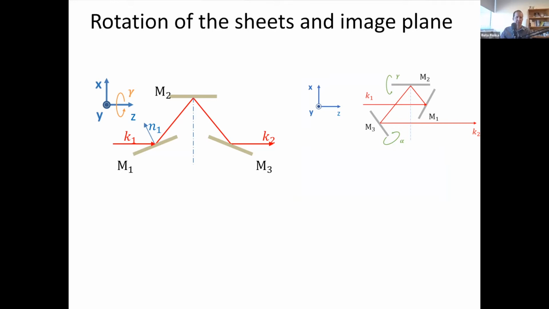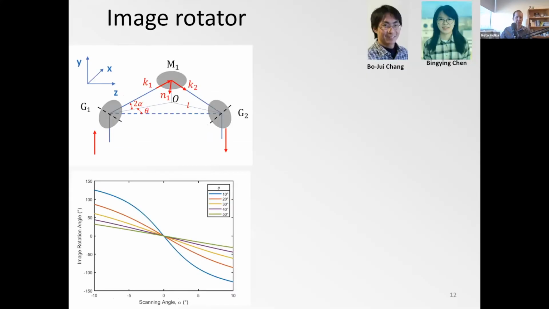So in the midst of the pandemic, we had a lot of fun thinking of alternative geometries of rotating mirrors and stationary mirrors to create more rotation angle. And essentially what Bouchard and Binging in our lab came up with is this geometry, and it's surprising why that works that way.